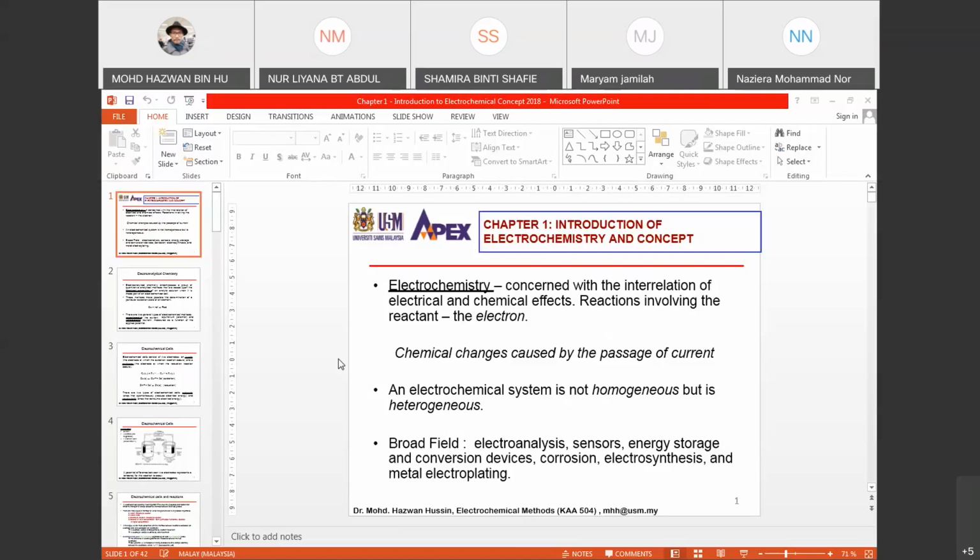All right, so for the application of electrochemistry in daily life, of course, we talk about batteries. You can see batteries used in your handphone and in many devices. In fact, now you will see that the phone is as thin as a piece of paper.